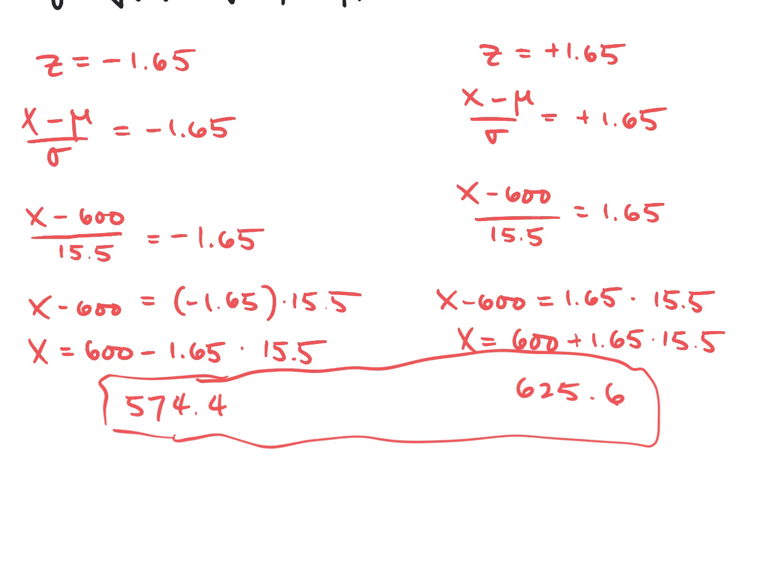There's a 90% chance you're going to get a number between 574 and 625. At least this pollster is going to know that it's very unlikely that they'll get less than 500, because they have so many people in their sample.